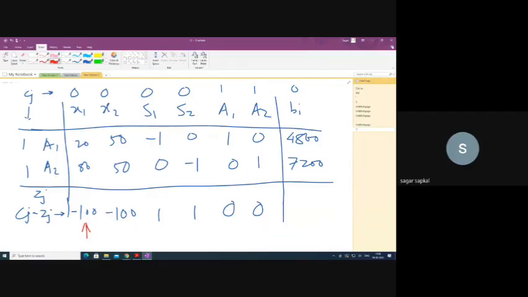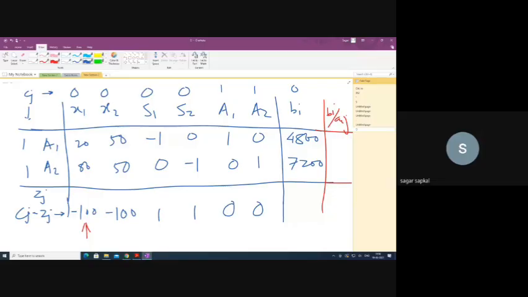Can you do that? And write down the next table. Now, in order to improve the solution, you have to calculate Bi upon Aij. As the key column is known, you can find out Bi upon Aij. Now tell me what is the value of Bi upon Aij here?